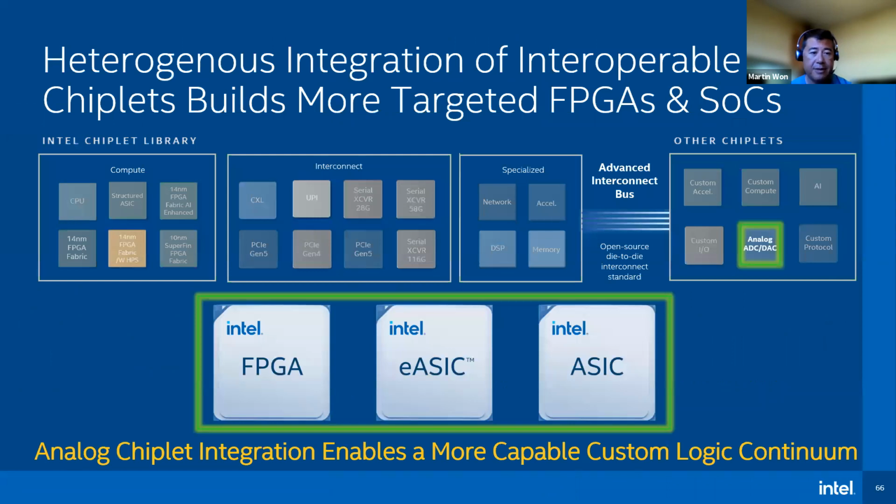Next slide, please. So now going back to how we use our chiplet library to help develop products, now that Intel has high performance analog chiplets delivering the data rate and data conversion capability for ADC and DAC functionality, we can integrate them not only with FPGAs, but also with other components from our custom logic portfolio, like eASIC structured ASICs and full custom ASICs, like I'm showing in the bottom middle of the slide here, to provide a range of options that offer different levels of flexibility and different levels of optimization for cost, power, and performance.